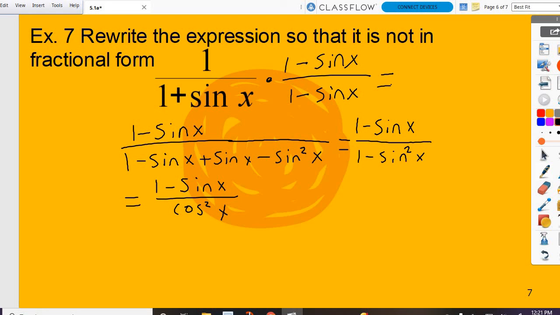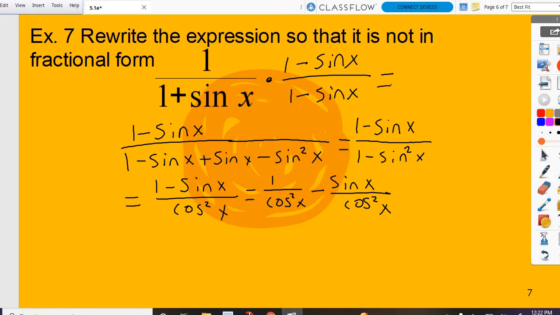So remember, we said the whole point of trying to rewrite it is because now I have one thing in my bottom. So what can we do? Can we break apart our fractions now? Yeah, as long as I don't have addition in the denominator, we can break apart those fractions now. Because remember, what the instructions told us to do is to rewrite it so we don't have fractions.